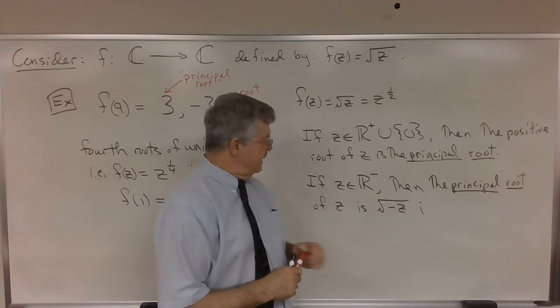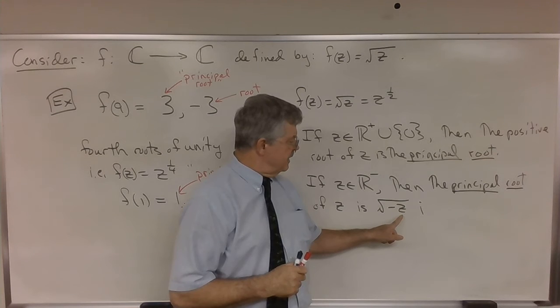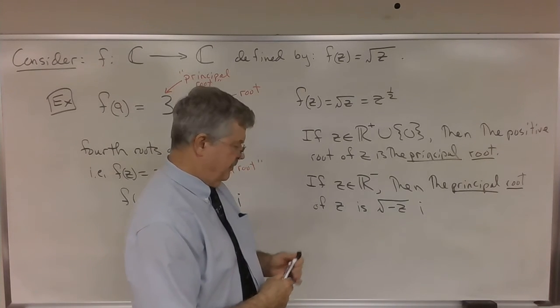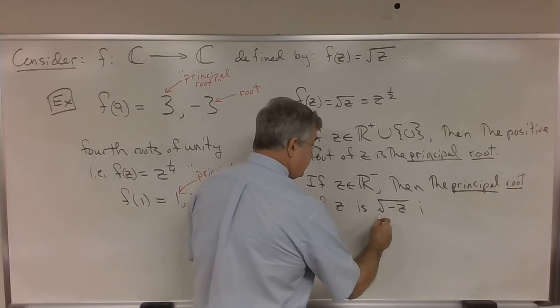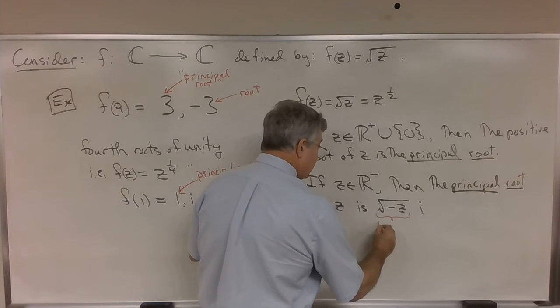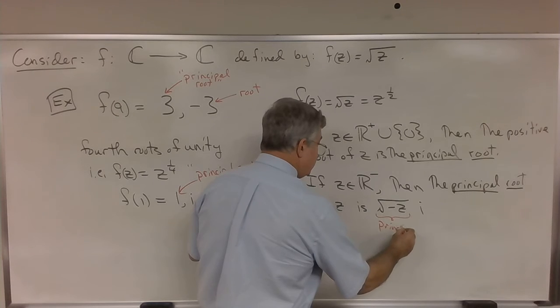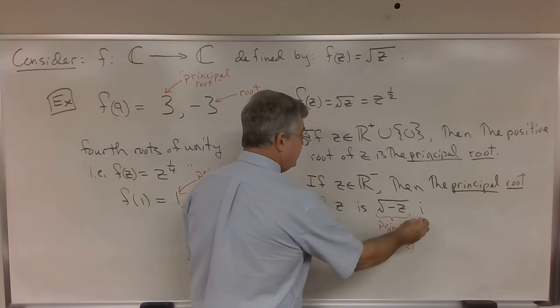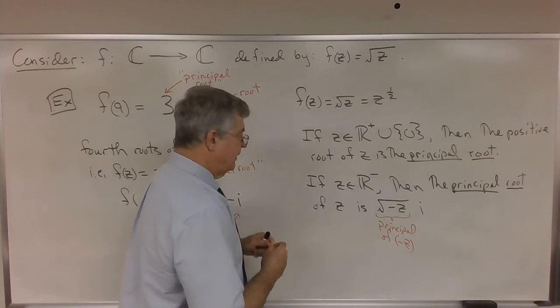If z is negative, then negative z is positive. And so this will be the principal root of negative z times i.